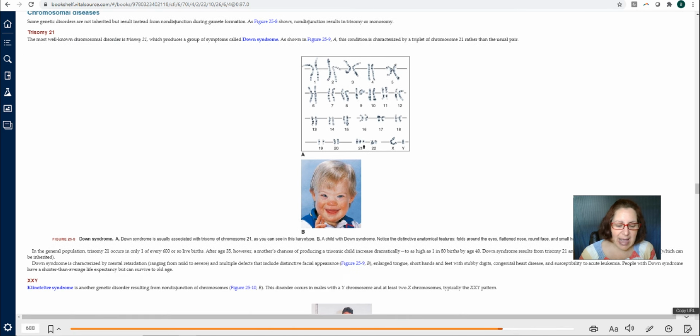One of the things I think of with Down syndrome is that one of the things that puts somebody at risk of having a Down syndrome baby is having an older mother. Typically, if someone becomes pregnant over the age of 35, your chances of having a Down syndrome baby increase greatly.